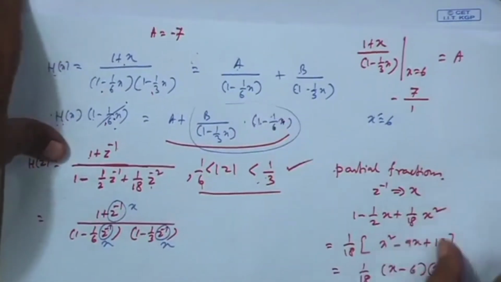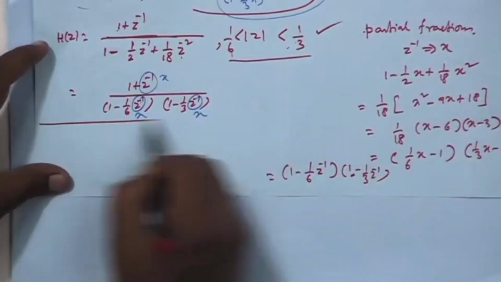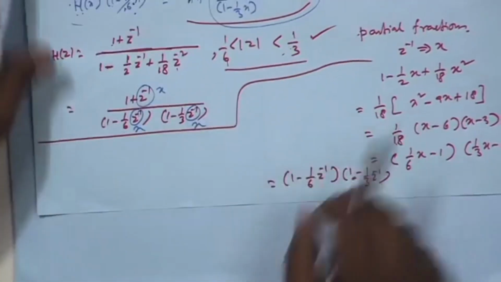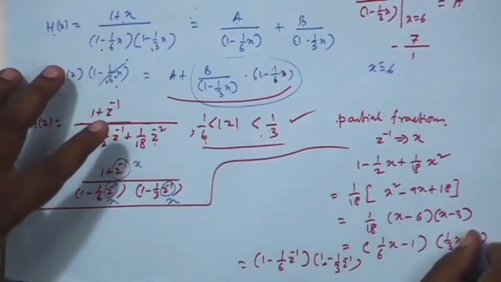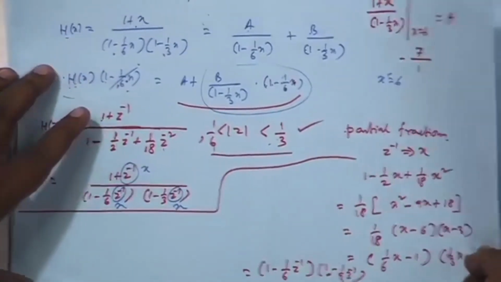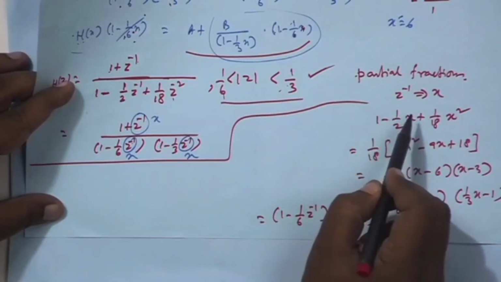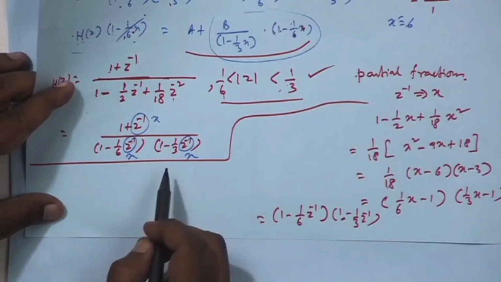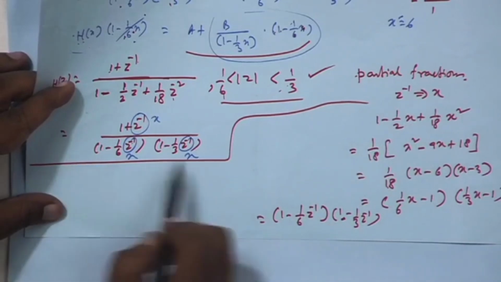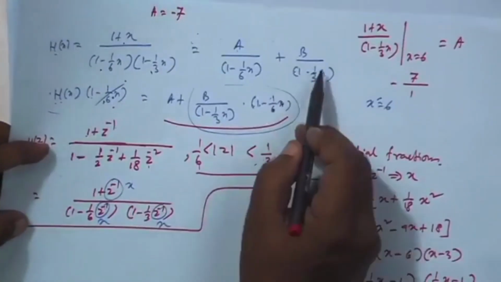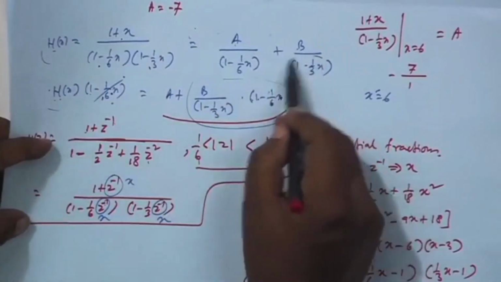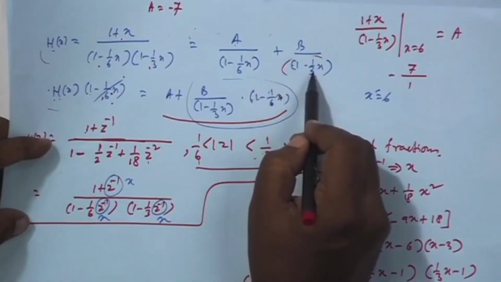Similarly, find out B. How? The same way, I multiply left hand side and right hand side by this factor now, 1 minus 1 by 3 x.